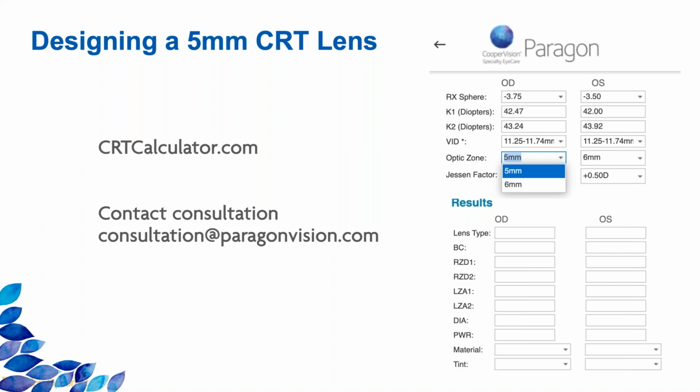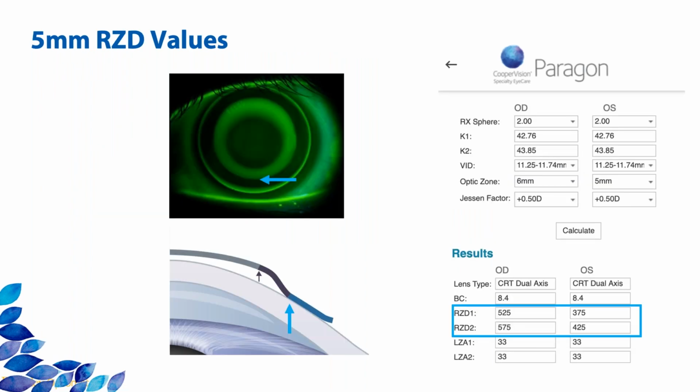If we go to the next slide, we can see how the 6mm calculations can slightly differ from the 5mm calculations. Here, we have the same patient with the same keratometry values, same RX sphere, same visible iris diameter, but in the right eye, we specified 6mm versus in the left eye, we specified a 5mm OZD.